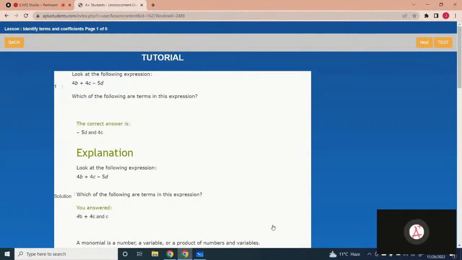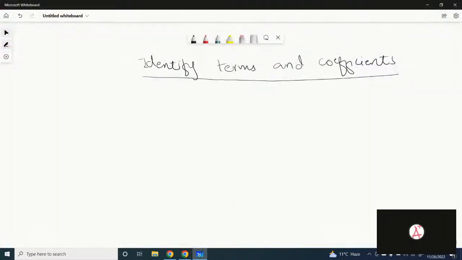Look at the following expressions. Which of the following are terms in this expression? 4b plus 4c and minus 5d.